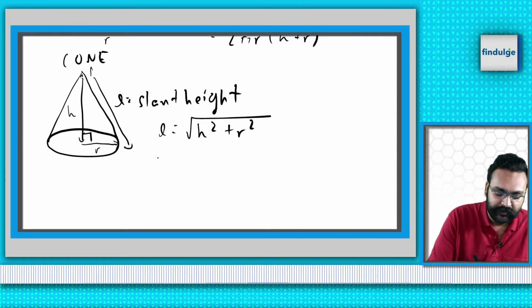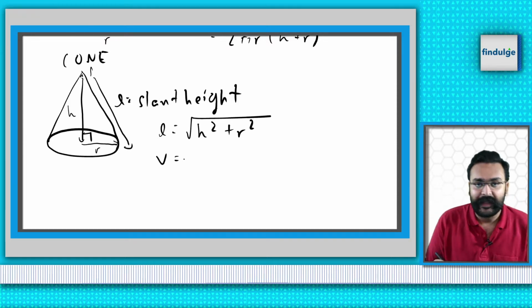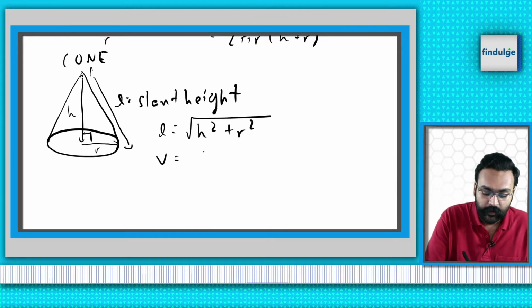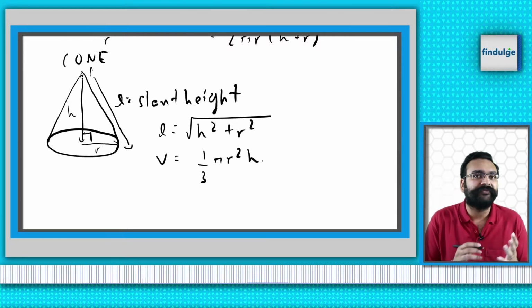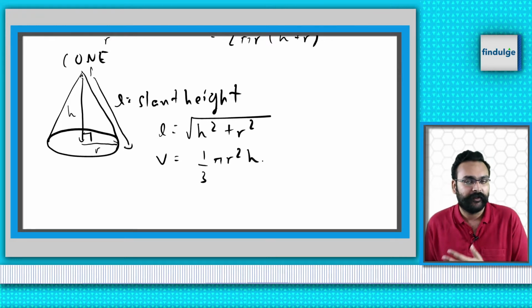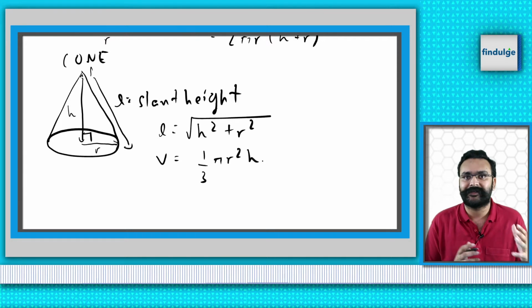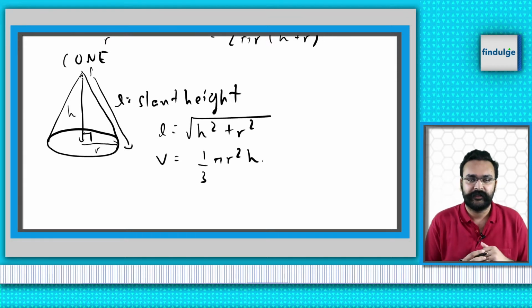Now the volume of the cone, like I said, is related to the volume of the cylinder. It is 1 by 3 pi r square h. So 1/3 the volume of the cylinder. This again has a big derivation like the sphere. It's not something straightforward like the cylinder, which is just dragging of your base. So we will not be dealing with that.